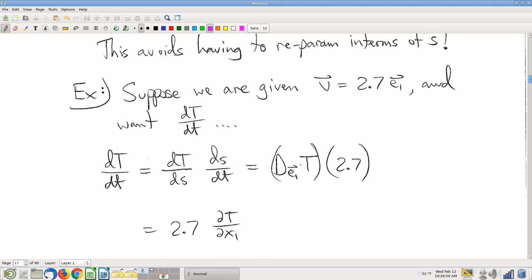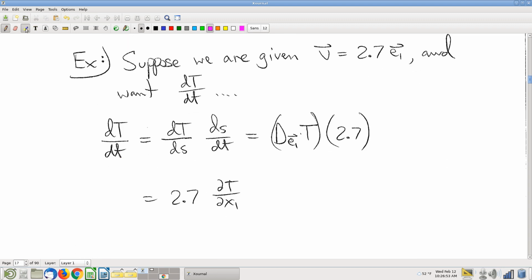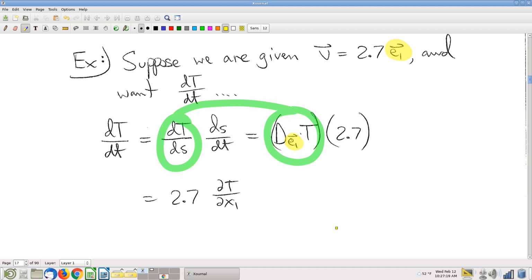Next question. Suppose we want to compute the derivative with respect to time. Yeah, sure. And so you could use the chain rule to do that. I'm just going to point out another option. Here's that single variable chain rule trick again, and then notice that the dT/ds, which is a directional derivative, because the direction we're going is a standard basis vector, in this case that directional derivative turns into a partial derivative.